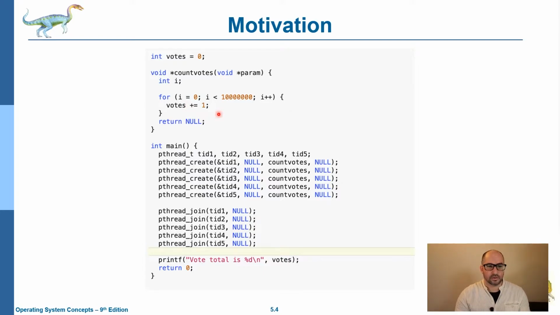Votes is a shared variable among all of the threads because it exists in the address space of the process. And as each thread reads votes, the value is updated based on that thread's local variable, local registers when this for loop runs, and if 2 threads execute that increment at the same time, they will conflict, and the result will be shy a vote, at least 1 vote.